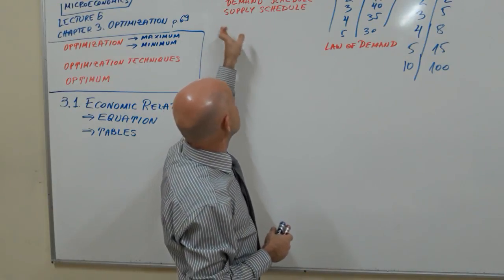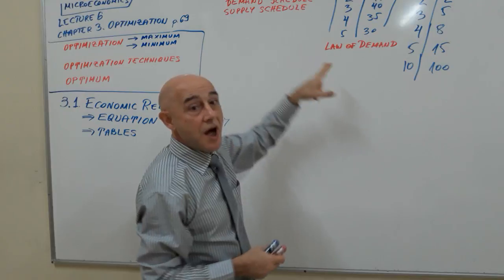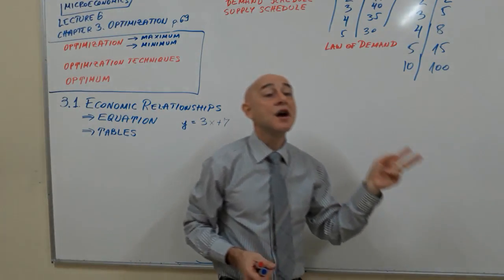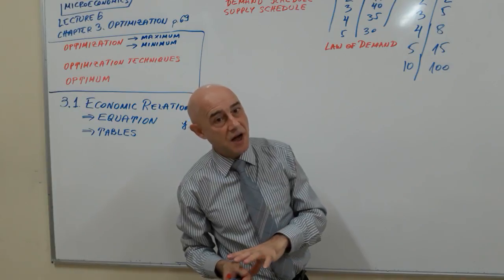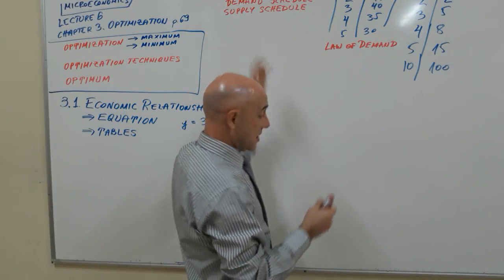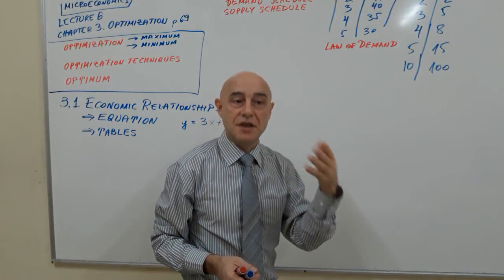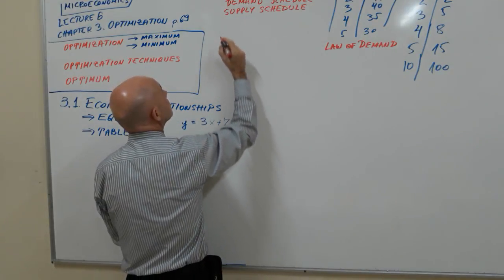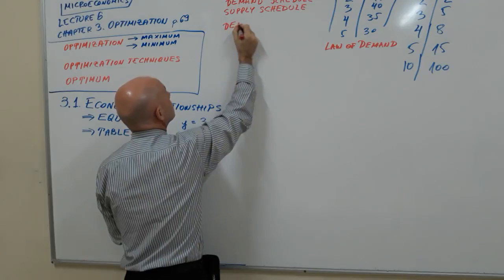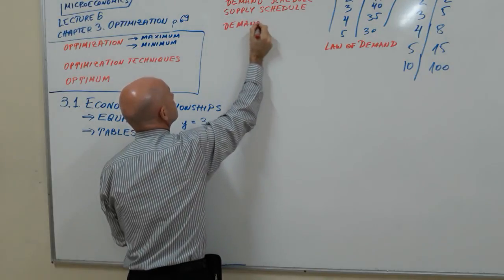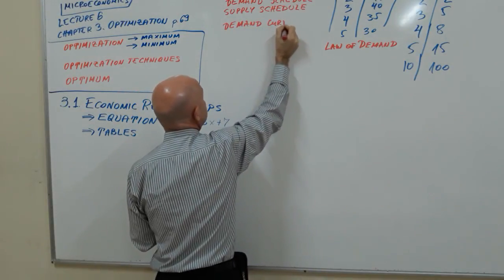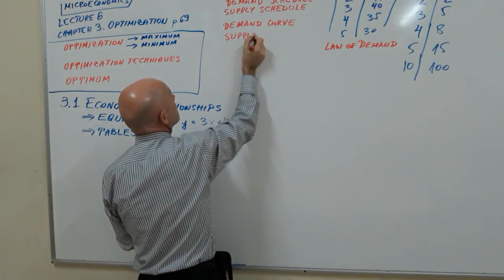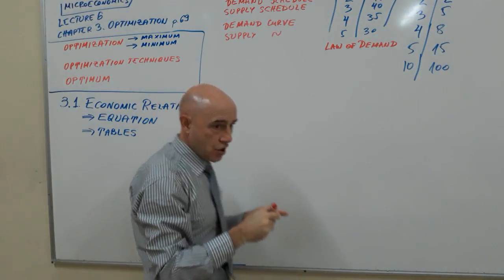Then you have demand schedule, supply schedule. Then you have quantity demanded, quantity supplied. Then you have next the demand curve, and the other one is the supply curve.